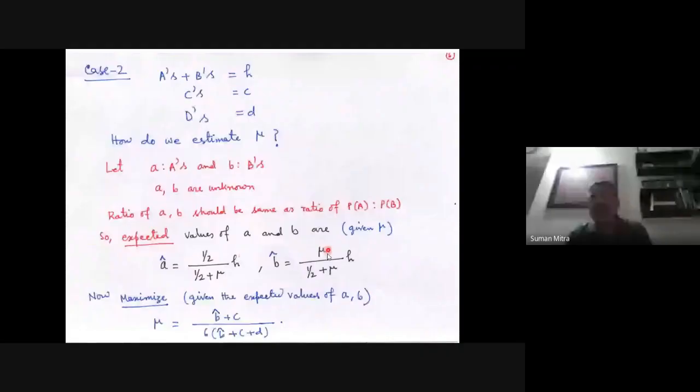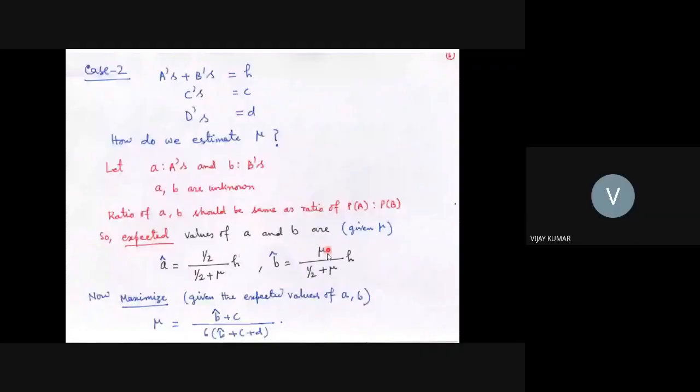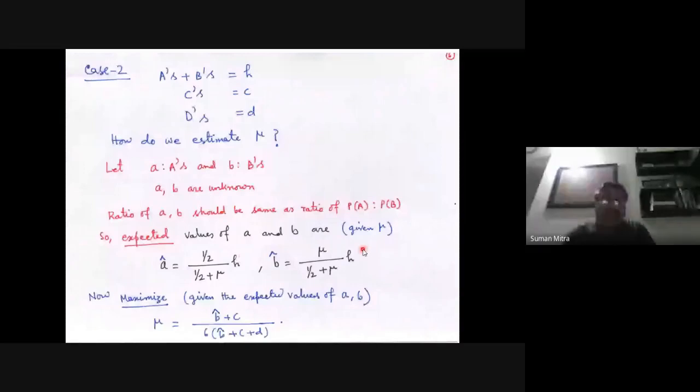Similarly, adding one on both sides, you will get an estimate of B, which is mu by half plus mu into H. So what we are doing is trying to find the expected value of A and expected value of B, which were unknown in the first step.